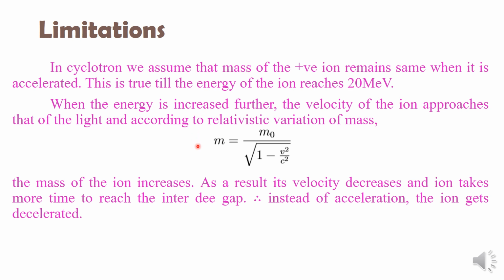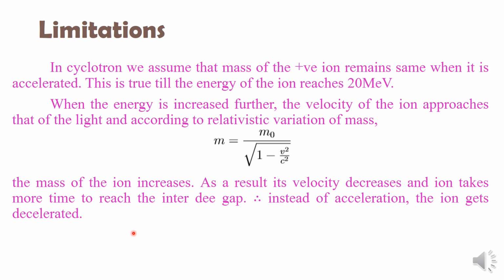When the mass increases, the velocity of the particle decreases, and it takes more time to enter into the gap. And when it moves very slowly and takes more time to enter into the gap, there is no resonance between the frequency and the time taken by the particle to describe the semicircle. Now that condition is not satisfied. As a result, instead of acceleration, the ion will get decelerated.